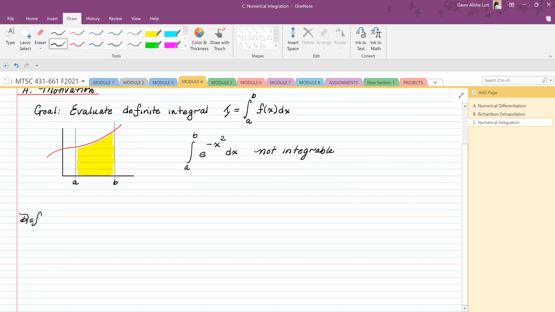So let's look at the definition. I want to do a definition first. So this definition is called quadrature. And quadrature is the process of constructing a square equal in area to a given surface.